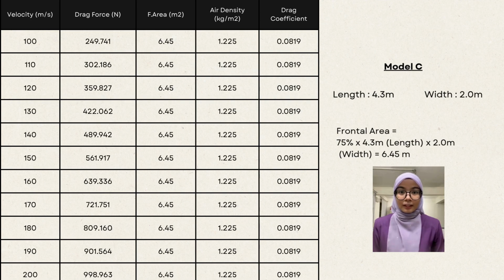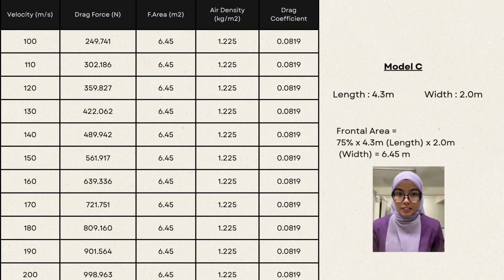This slide presents the drag force analysis for model C. The model has a length of 4.3 meters and a width of 2.0 meters. From this, the frontal area is calculated as 0.45 square meters. The table shows the relationship between velocity and drag force.